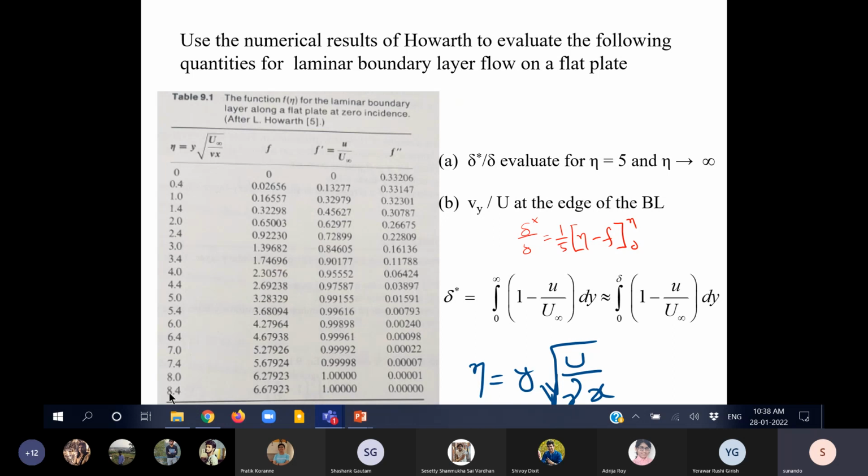So the difference doesn't change for values of eta corresponding to 8. 8 minus 6.27 and 8.4 minus 6.67 are essentially the same, but for 5 minus 3.28, as you previously pointed out, there is still some change. Eta equals 8 is where it doesn't change. I could say the same thing for eta equals 7 and eta equals 7.4, and I agree with that, because there is some change only in the fourth or fifth place of decimal.